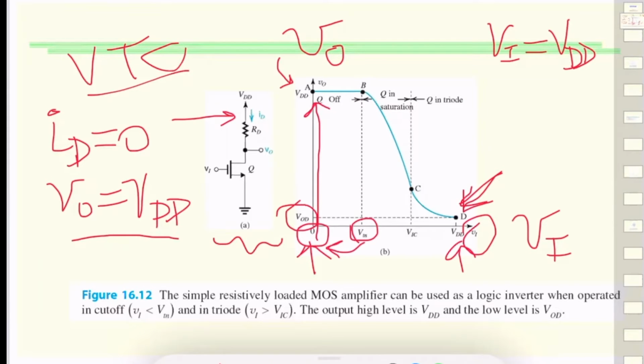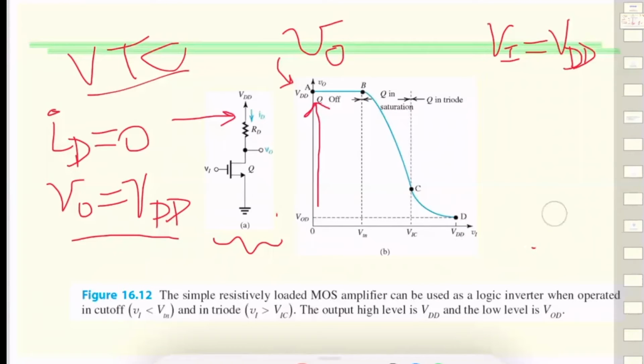Now, to use it as an inverter, we would use the extreme values of the operation, where it is either completely 0 volts or equal to the supply voltage.